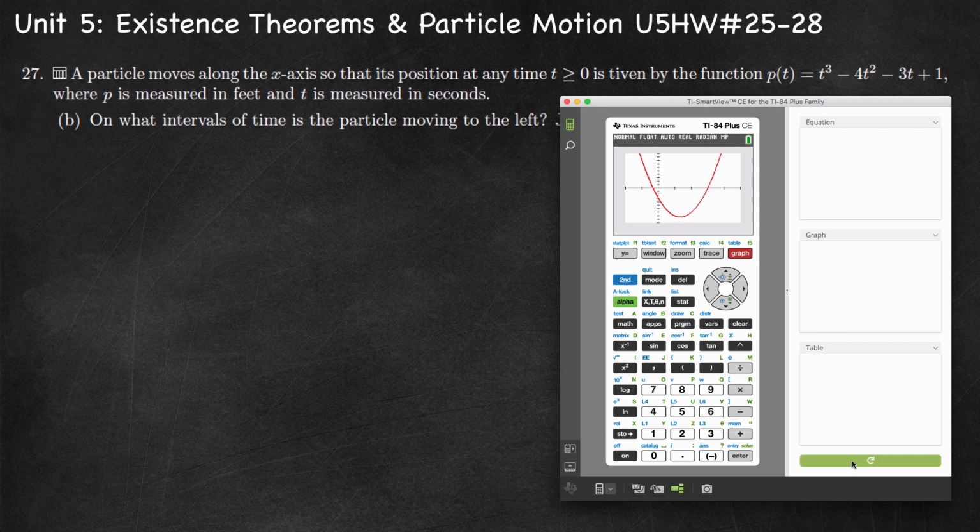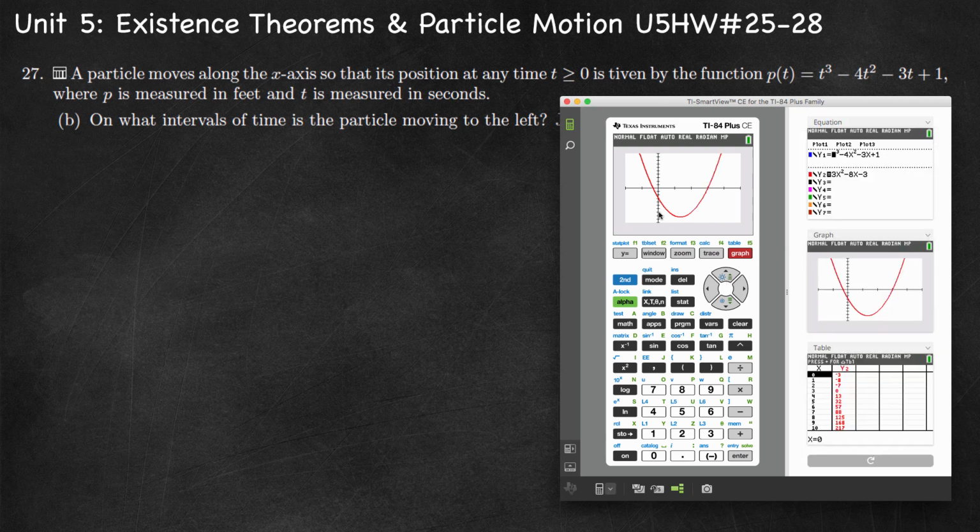Okay. Now we want to find these x-intercepts, so I'm going to use second calc and then zero. So I have one at negative 0.3 repeating, so negative 1/3.